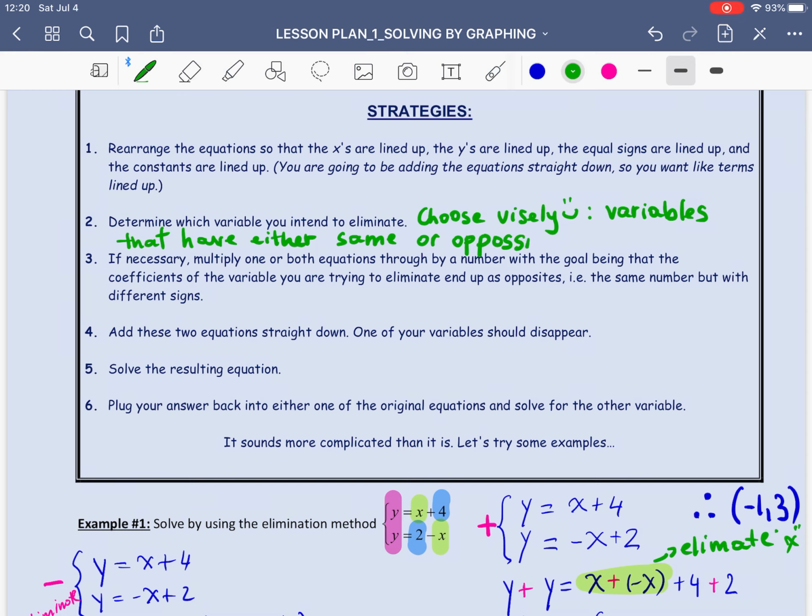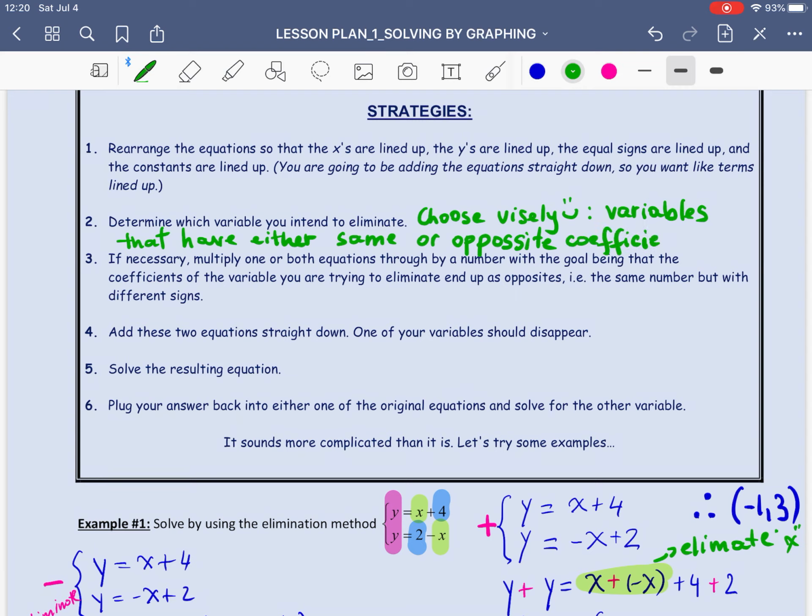And opposite means same in value, opposite in sign. But this is only if possible, because sometimes that won't be possible. And that's not a secret. But we will learn how to deal with that in the next examples.